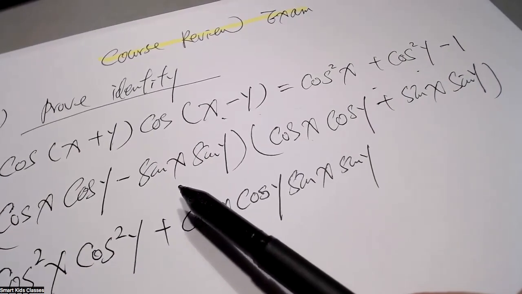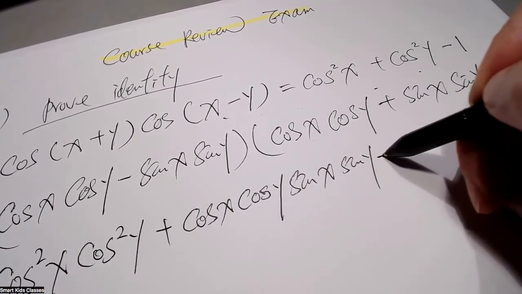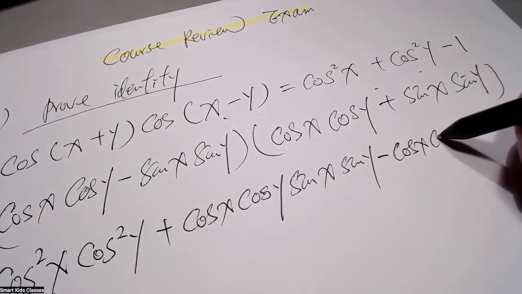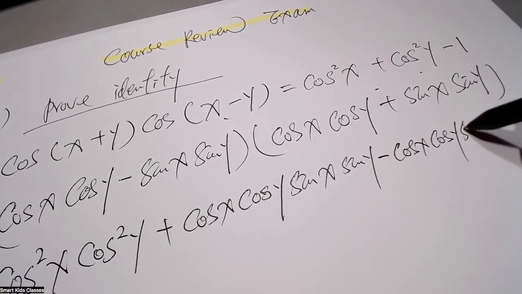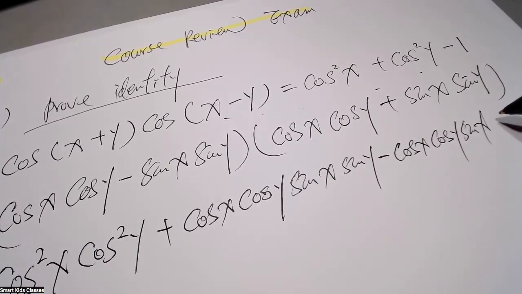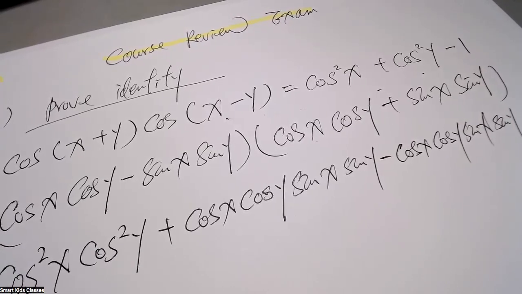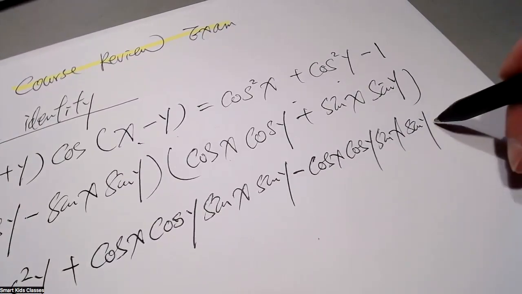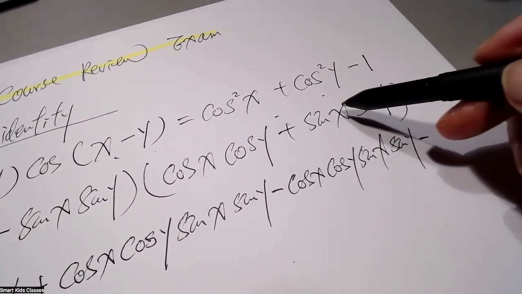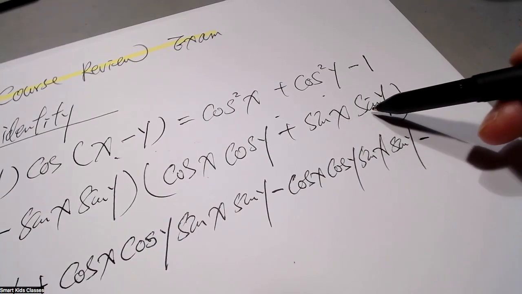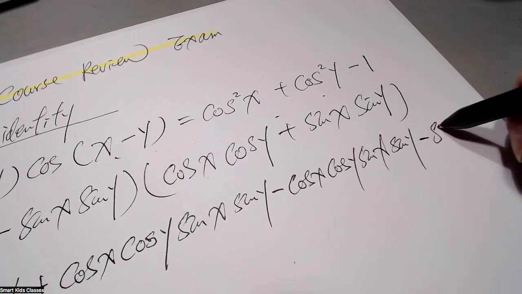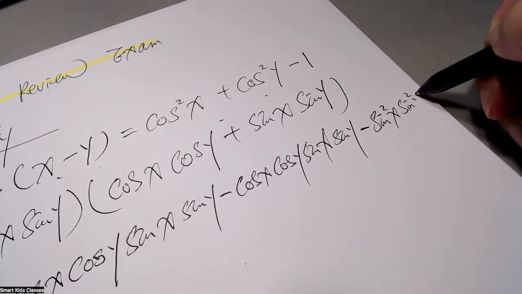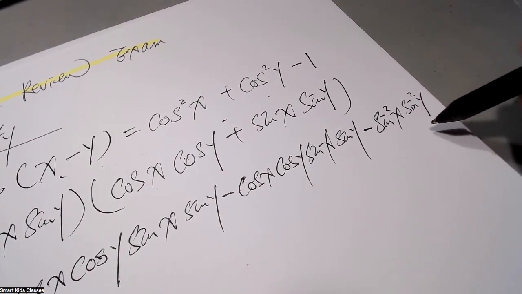Now we do the second term. We carry the subtract, so when you multiply, we get cosine x cosine y sine x and sine y. The last term, negative times positive, we get a negative here, so it will be sine square x and sine square y. Wow, I barely have space to fit it in.